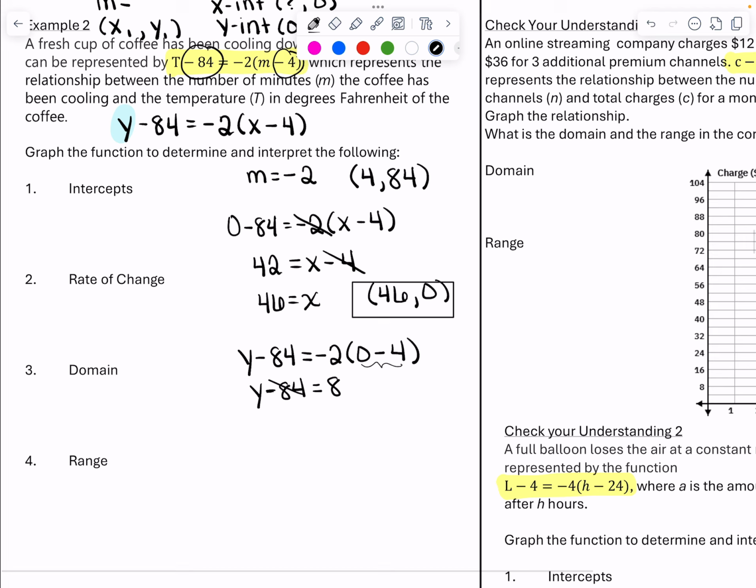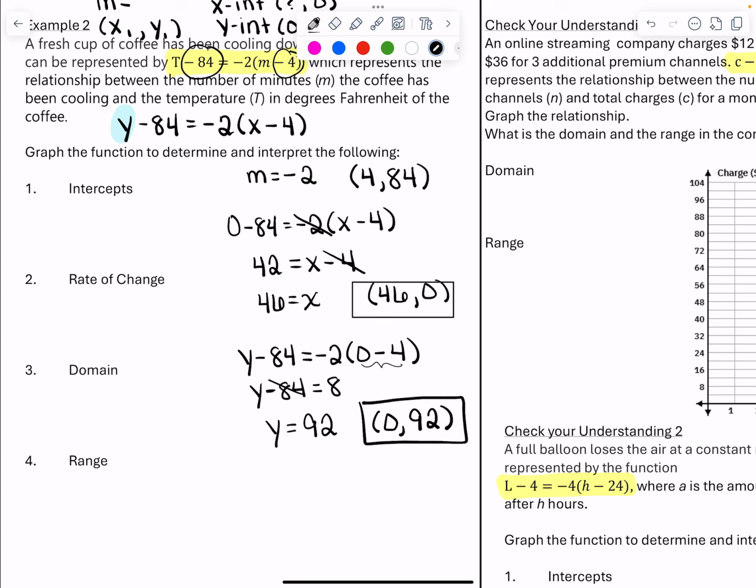Take the -84, move it to the other side, and we have Y is equivalent to 92. Oops, didn't want to box that one. So our Y-intercept, we substitute in 0 for X, and we have 92 for Y.